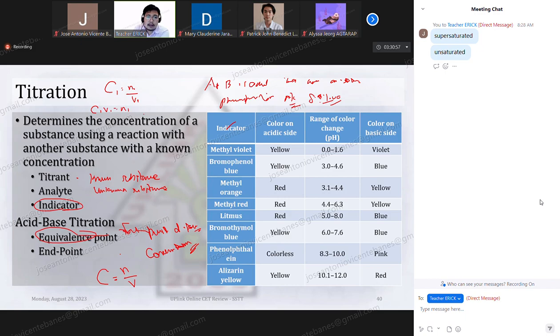What if I have another substance? In titration, C1V1 is equal to C2V2. That's what they say. So C1V1 over C2V2 should be equivalent to N1 over N2. Let's fix that a bit.